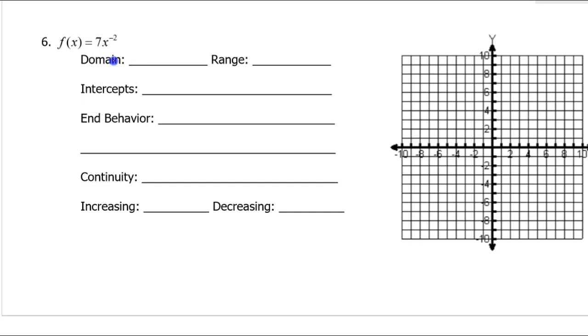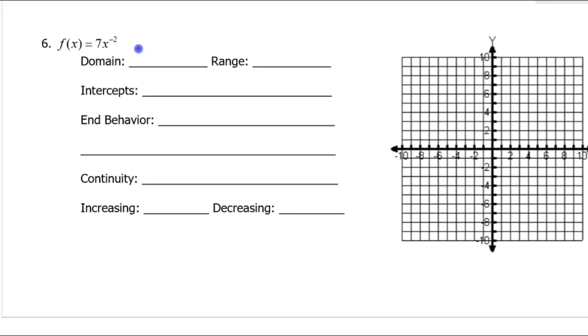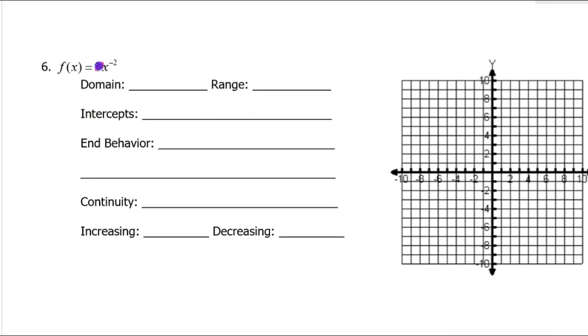Okay, and then there's number 6. So if I ignore the 7 in front, this would be the same thing as 1 over x squared. So now I've got an even power. If this were odd, I would have a branch here, and I'd have a branch here as well.